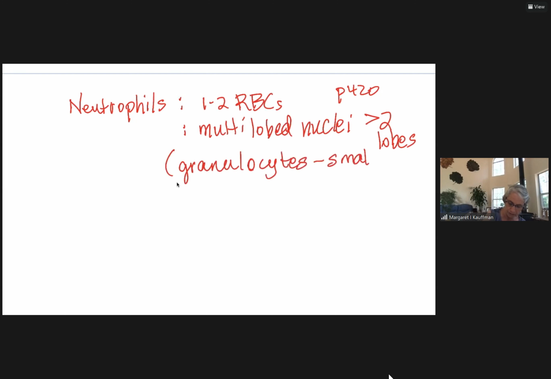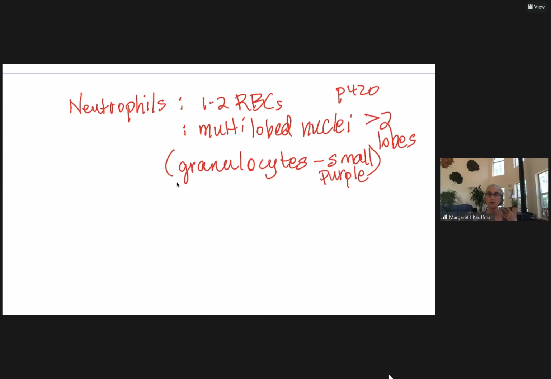If you looked really carefully, then you might be able to see these tiny granules or vesicles within the cell. The particular stain these slides are made with makes the granules look purple or red, depending on the kind of substance that's in the granules. In this case, it'd be purple granules. They'd be small and purple in color.